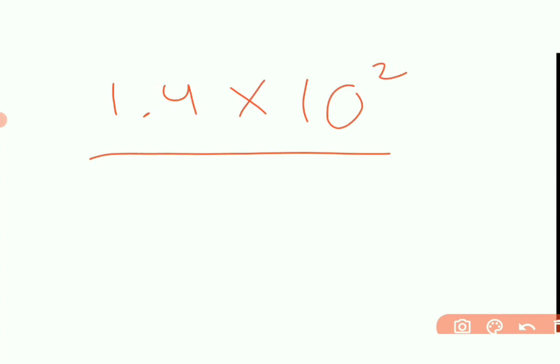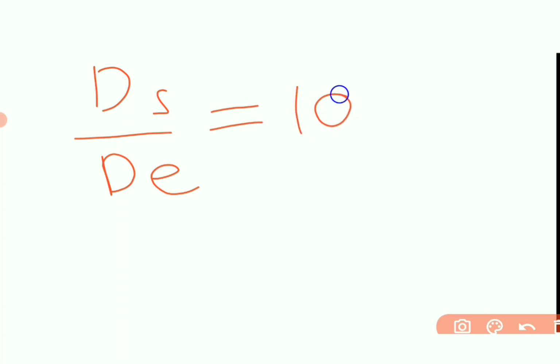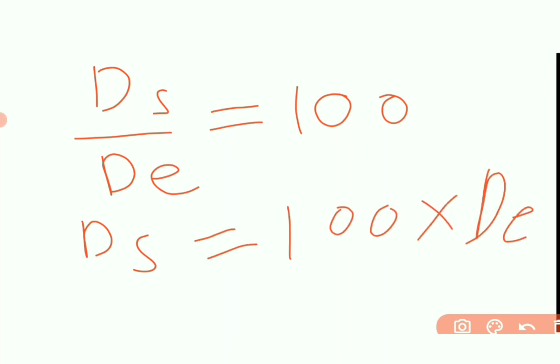We get 1.4 into 10 raised to the power 2 upon 1.2756, and after solving this we approximately get 100. So we can say that diameter of Sun upon diameter of Earth is equal to 100. Means the diameter of Sun is equal to 100 times the diameter of Earth.